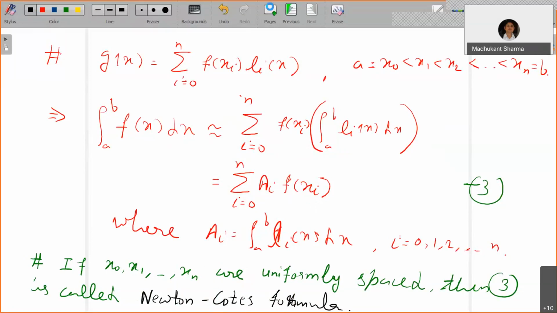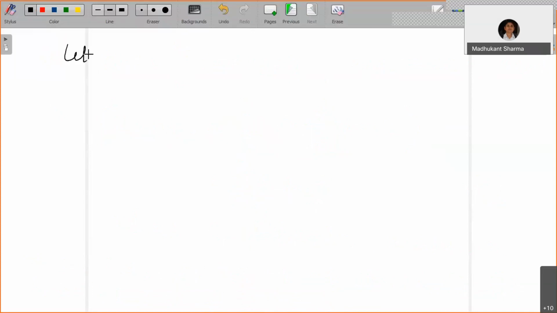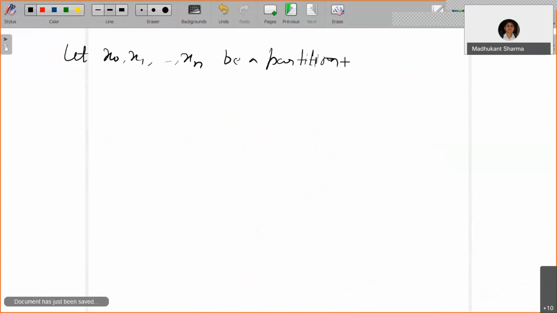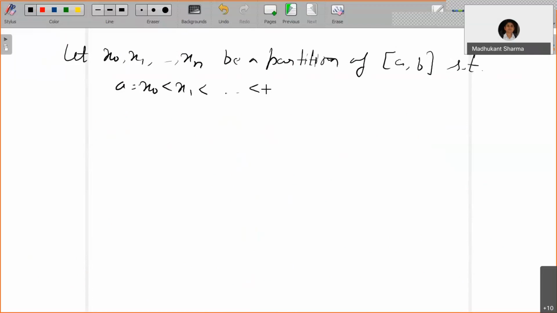Now let x0, x1, and so on xn be a partition of the closed interval [a, b] such that a equals x0 less than x1 less than and so on less than xn equals b, and xi is equal to a plus ih, where h is equal to b minus a by n.